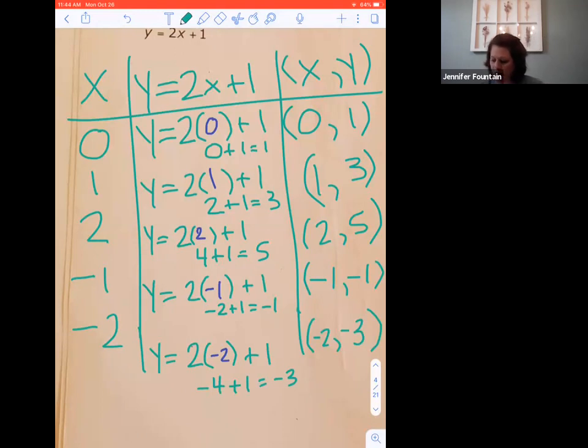Let me write those down before I change my screen. Make sure you finish those up. So now we have 5 ordered pairs that we're going to graph. 0, 1, 1, 3, 2, 5, -1, -1, and -2, -3. So I'm going to leave my screen up for just a minute for you to look at your chart. Make sure your chart is like my chart.